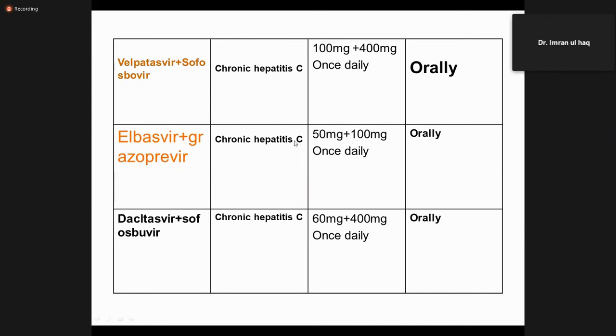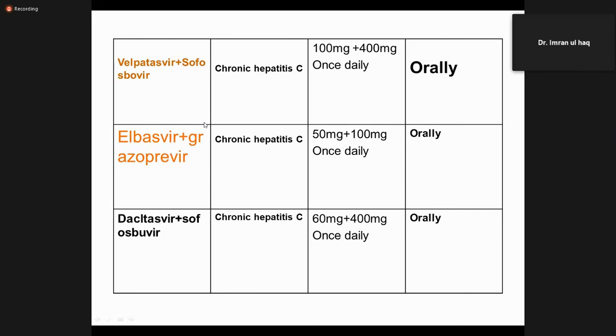So again, to avoid the resistance phenomenon, we usually give a combination of oral drugs in the treatment of hepatitis C, like velpatasvir plus sofosbuvir. In our clinical setup, sofosbuvir is being used extensively, right?